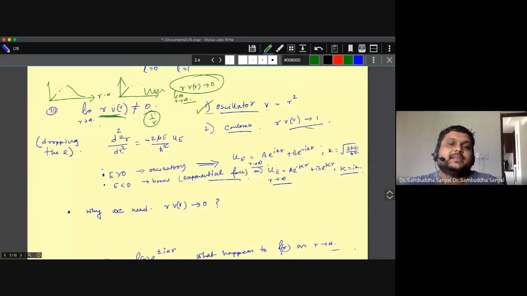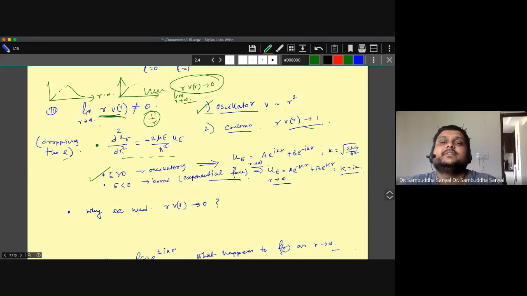Again, let's first look at the E greater than 0 solution, which is the scattering state solution. Let's quickly recap what we did in this case. We put the r going to infinity limit, rV(r) to be 0. If V(r) itself goes to 0, not just rV(r), then this will be the form of the u equation. Nothing will depend on l, as you can see, this equation has no l here, so I am dropping the l term.